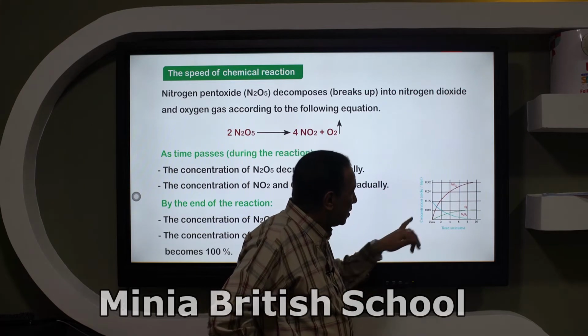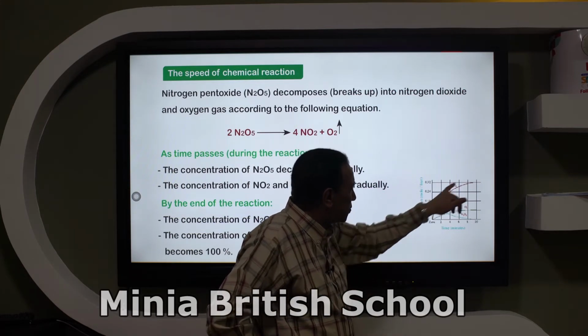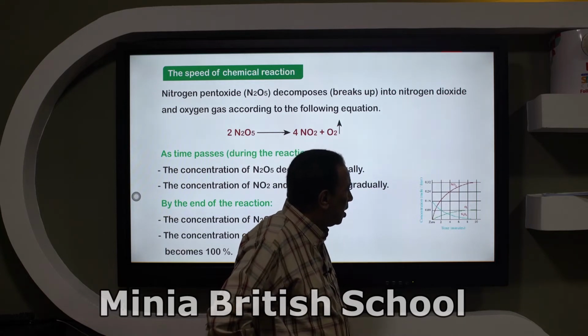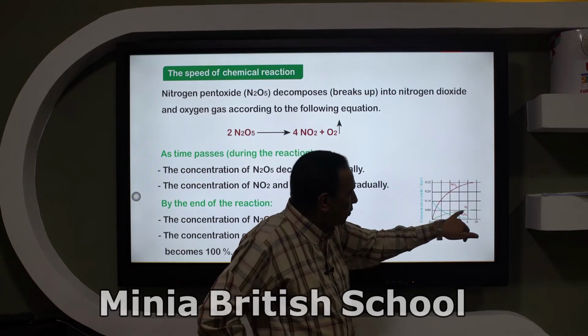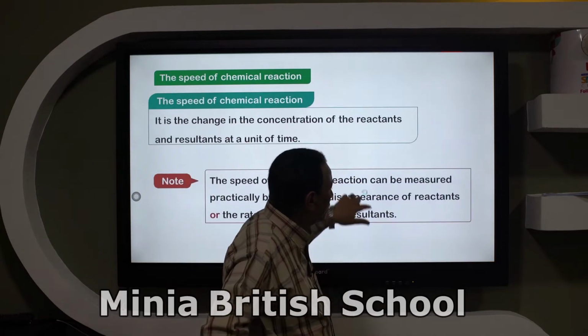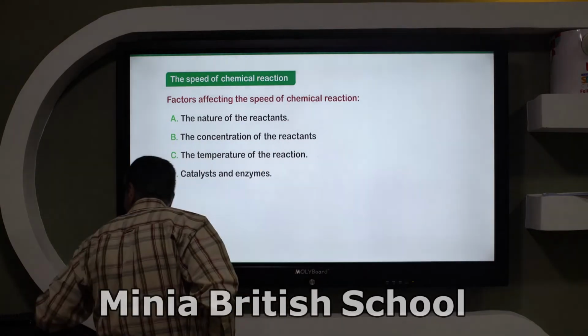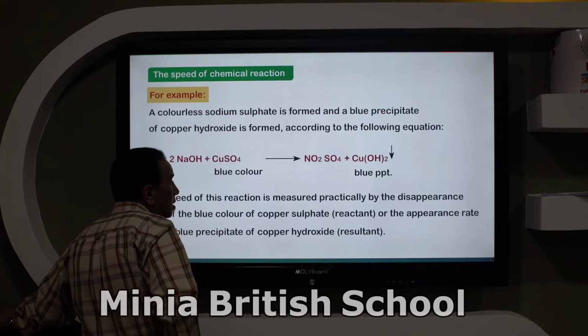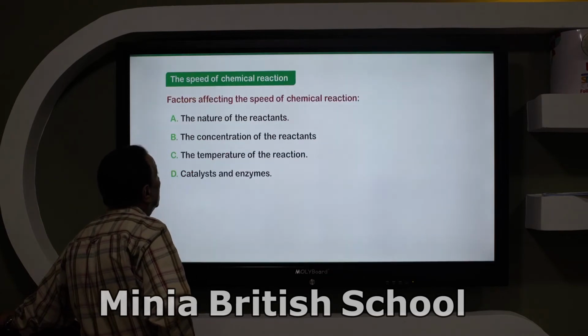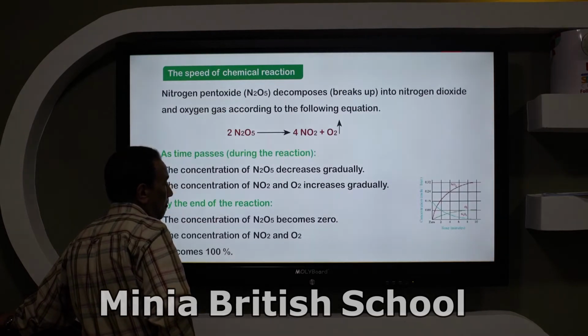In this case, this line will represent the nitrogen dioxide. This line will represent the oxygen. But here the concentration is high and becomes low, and this is the product.